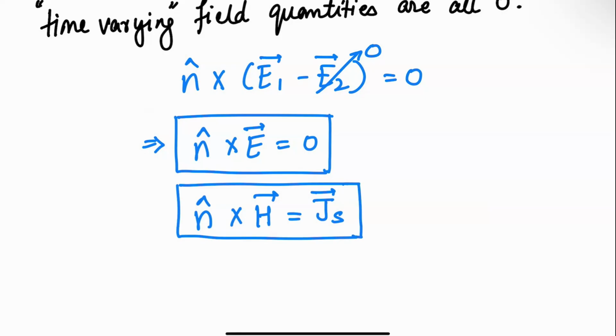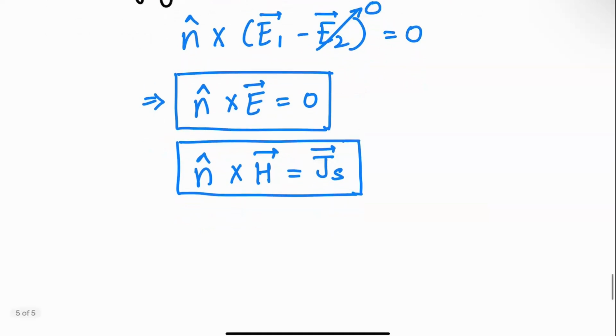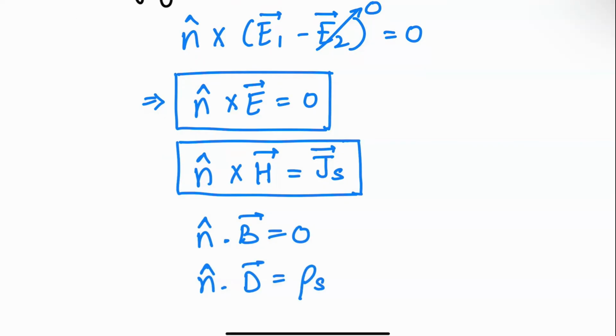And these are currents that are flowing on the surface of the metal, right? So in metals, the currents and charges all accumulate on the surface because, of course, on the surface, they don't have anywhere to go. They can only move along the surface, whereas from inside the metal, they can be moved out. So E equal to 0 in the metal, and the normal component of D equals rho S. So these are the boundary conditions for a PEC.